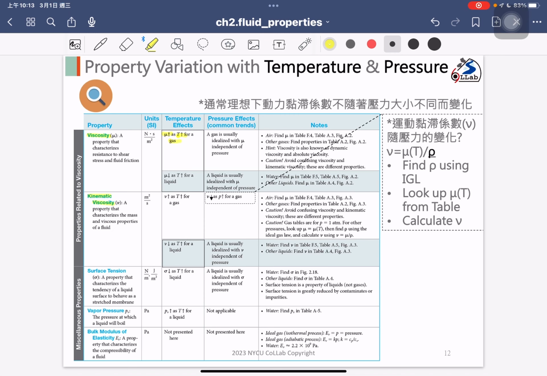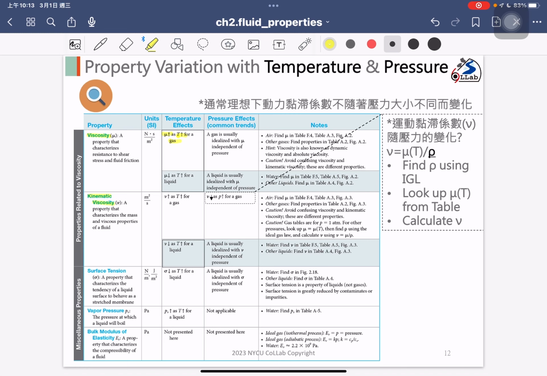That's the reason why, when the temperature increases, we provide additional energy to the system. And the additional energy supports the gas molecules to move.